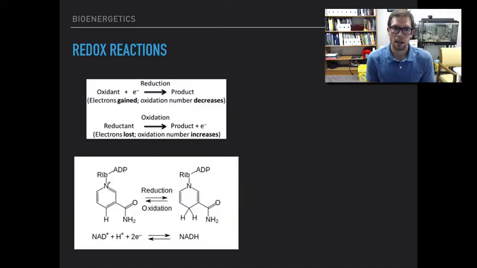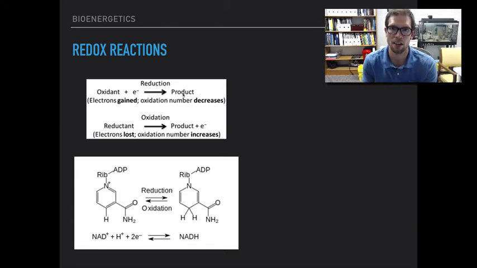Now, major reactions that we see in biology include redox reactions. Redox stands for reduction and oxidation. A reduction reaction is one in which electrons are gained. So you have something that is gaining an electron, and this in turn reduces it.